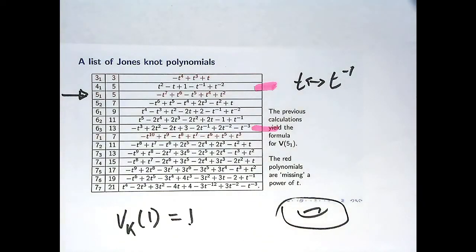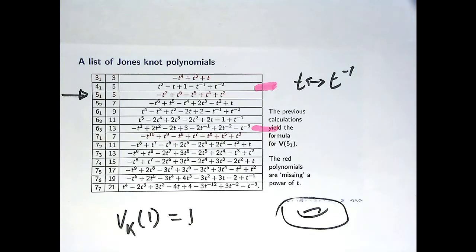Yes? Is the Jones polynomial being invariant under t to t inverse just a necessary condition for the knot not to be chiral? Yes, because when you take the mirror image of a knot, the Jones polynomial changes. If you know the Jones polynomial of this knot, the Jones polynomial of the mirror image will be obtained by replacing t by t inverse.